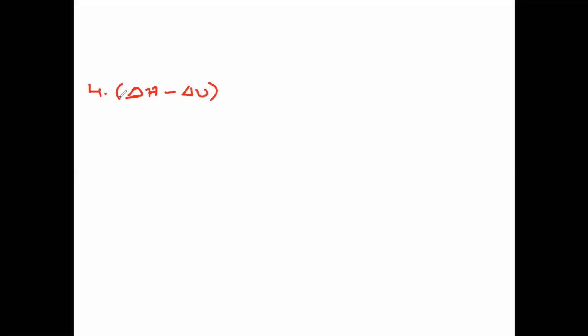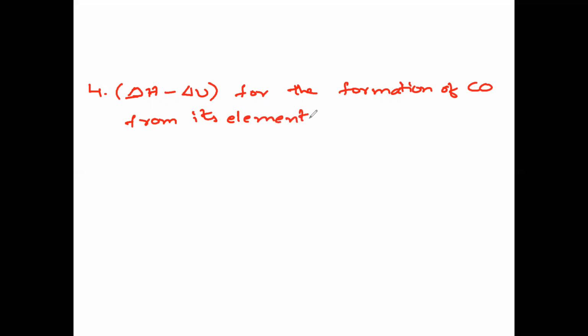So delta H minus delta U for the formation of carbon monoxide gas from its elements at 298 kelvins is option 1, that is minus 2477.57 joules per mole. Straight away they have given joules per mole.